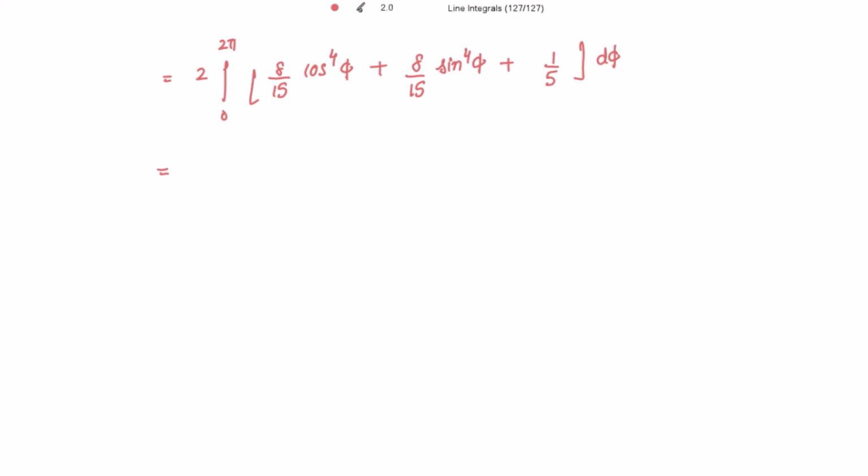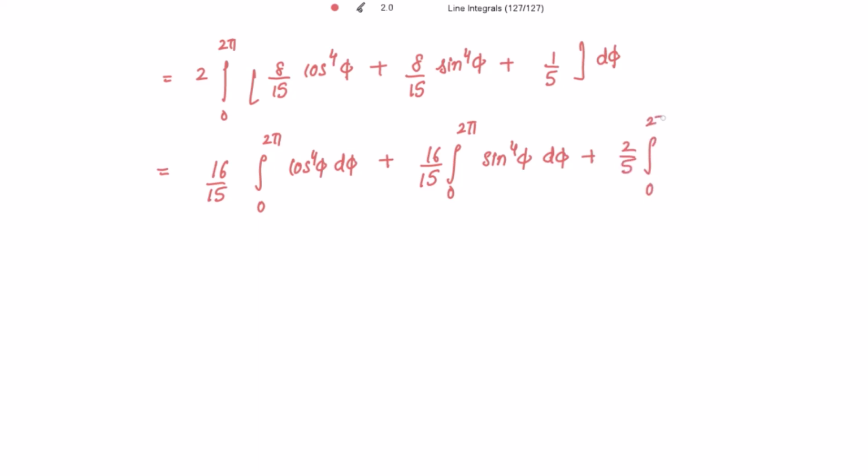Now let's multiply 2 with each term. We get 16 divided by 15 integral 0 to 2 pi cos the power 4 phi d phi plus 16 divided by 15 integral from 0 to 2 pi sine the power 4 phi d phi plus 2 divided by 5 integral 0 to 2 pi d phi.